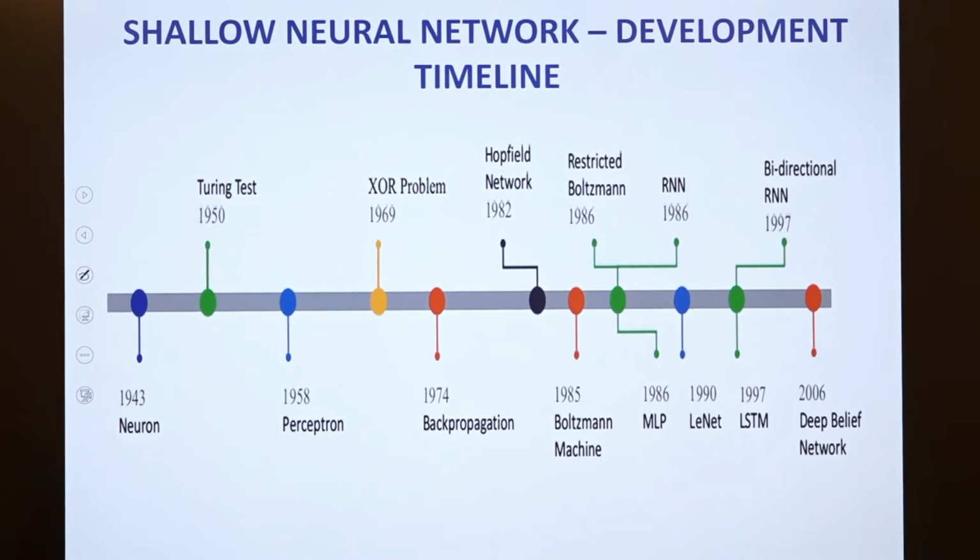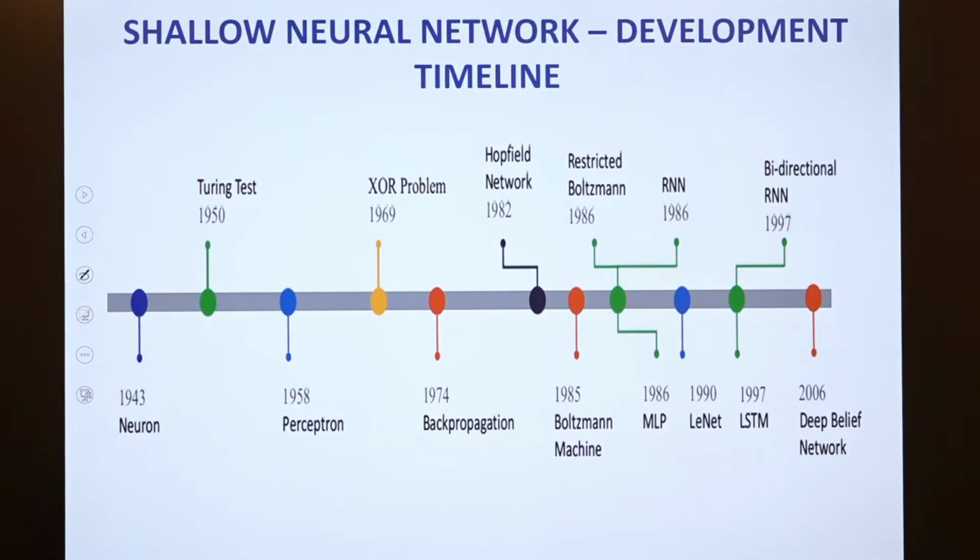Then in 1969 came the main flaw of linear models like the perceptron, which could not handle simple linearly inseparable problems like the XOR problem. This was a very tough period of perceptron-related research on neural networks.